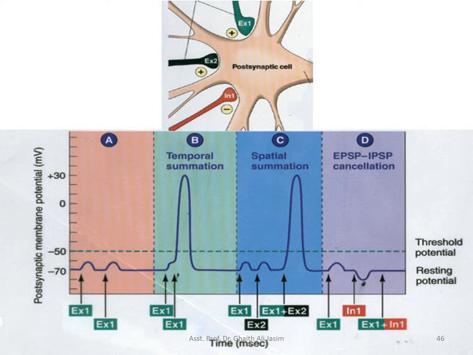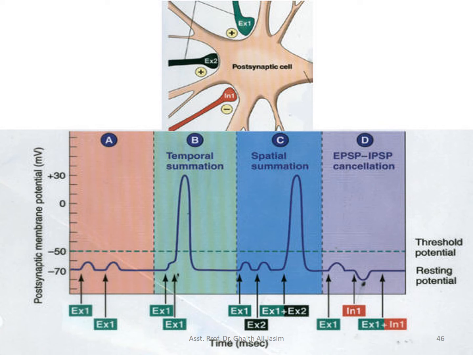Under the figure B, we can see excitation for the neuron number 1 followed by a second one from the neuron number 1, excitatory neuron 1. This is the temporal summation.